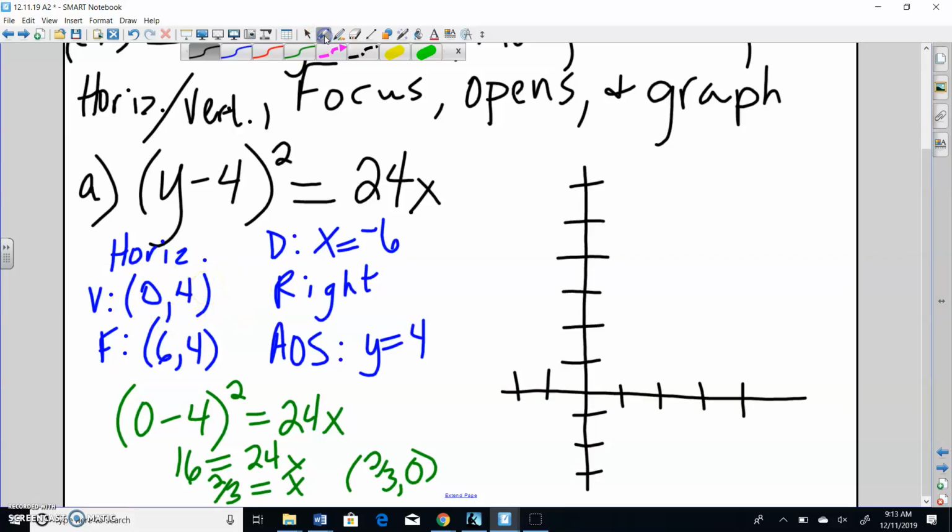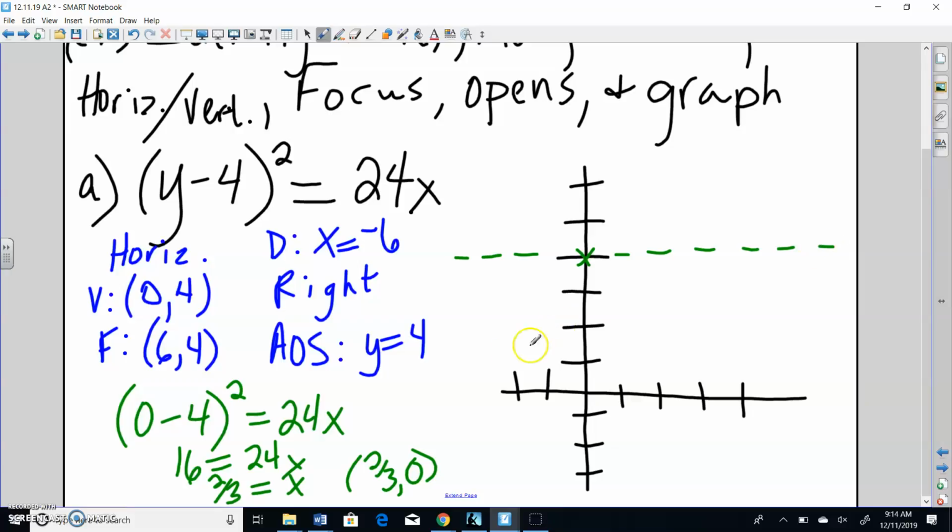So let's put a point there. I'm doing an X because you can't hardly see the dot on mine. So there's the vertex. Our axis of symmetry is y equals 4. So I'm going to do a dashed line at that, going through that axis.